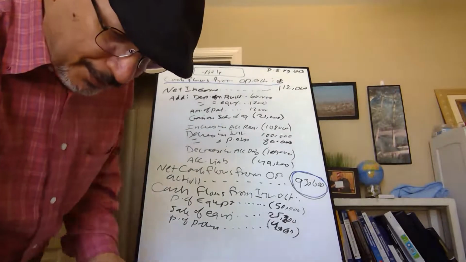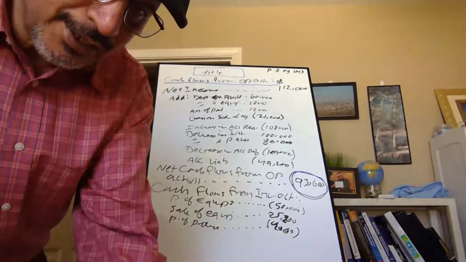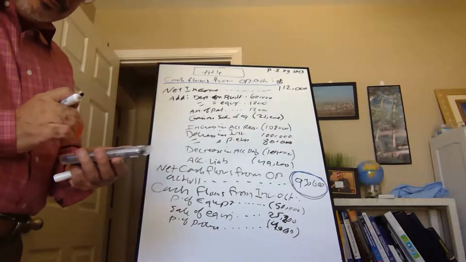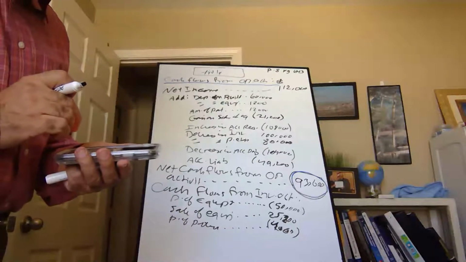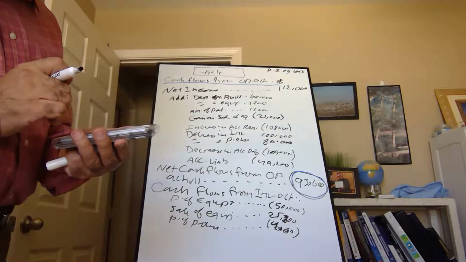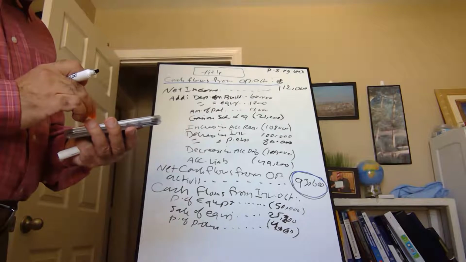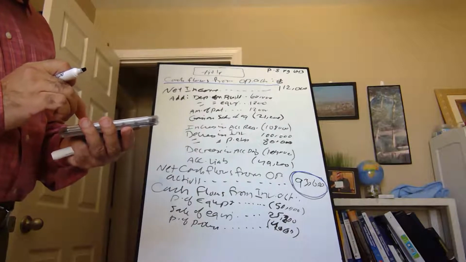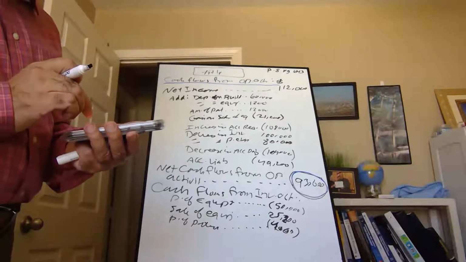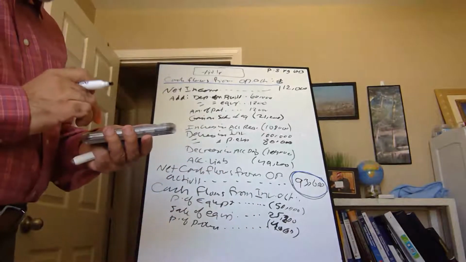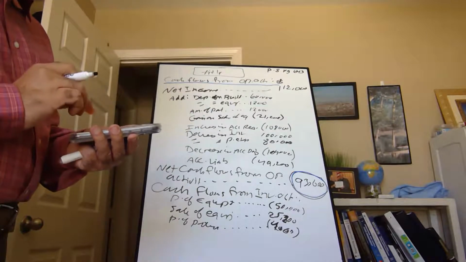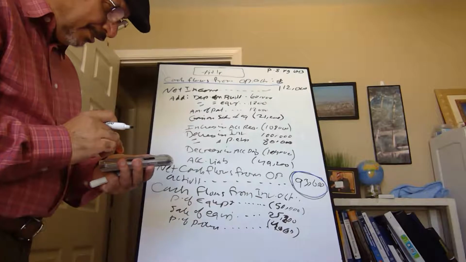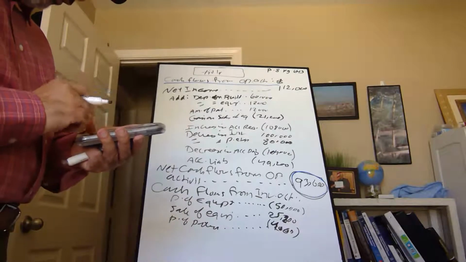So cash flows from investing activities is equal to, okay, we have a negative $50,000, and then we have plus 25,200, and negative 4,000.